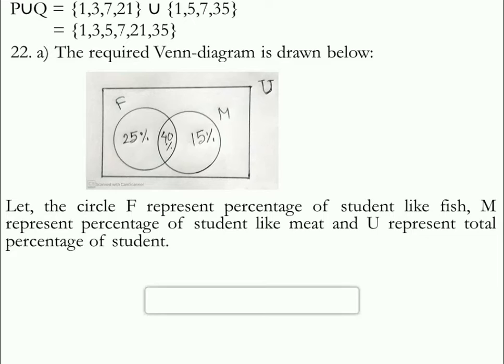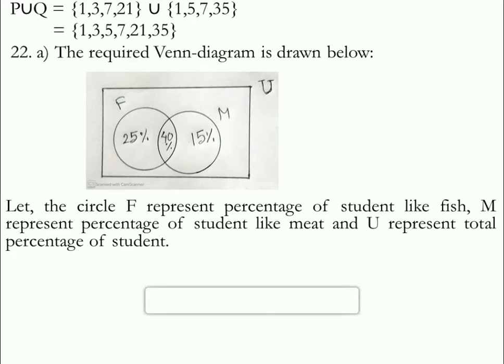I have mentioned F circle as the percentage of students who like fish, M circle as the percentage of students who like meat, and U the universal set or total percentage of students. Now that I have only described, but not shown the information. So let us see what the information is.